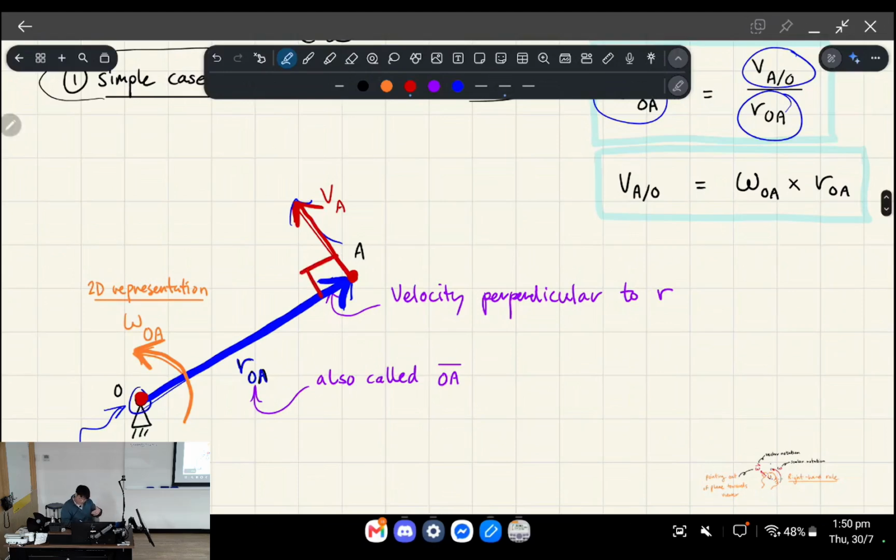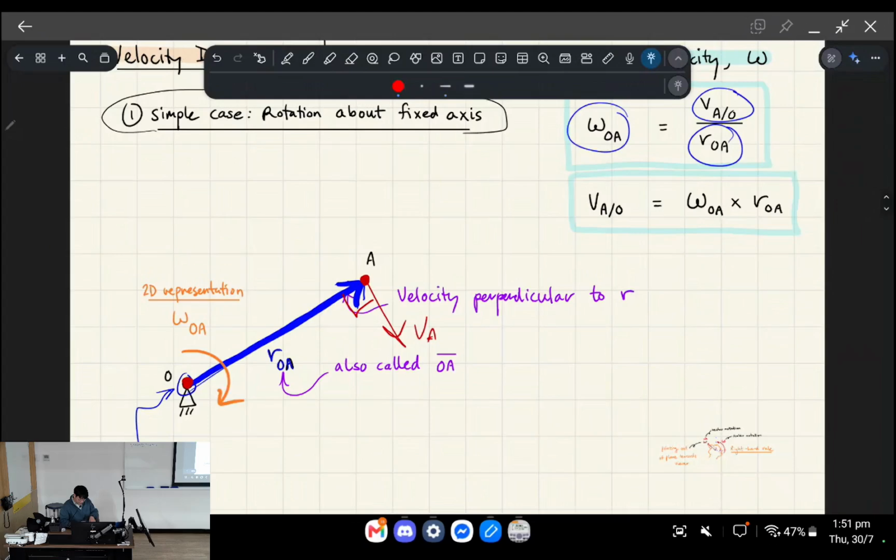Does that make sense? On the other hand, if the rotation was going the other way, VA would be pointed 90 degrees from the lever arm, but going the other way. So you always know the direction is 90 degrees relative to the lever arm.